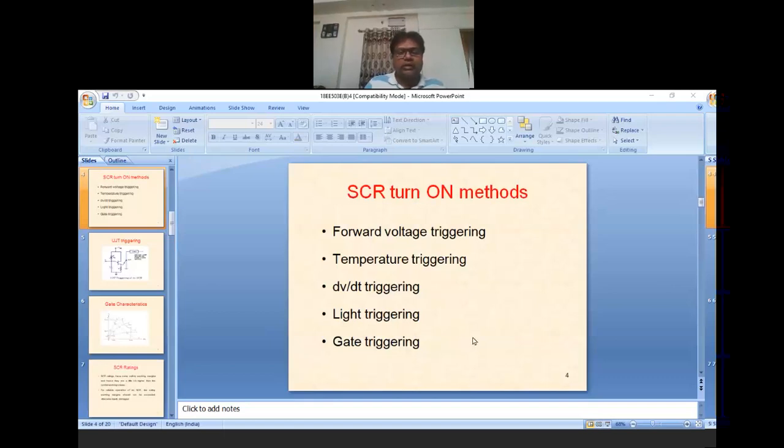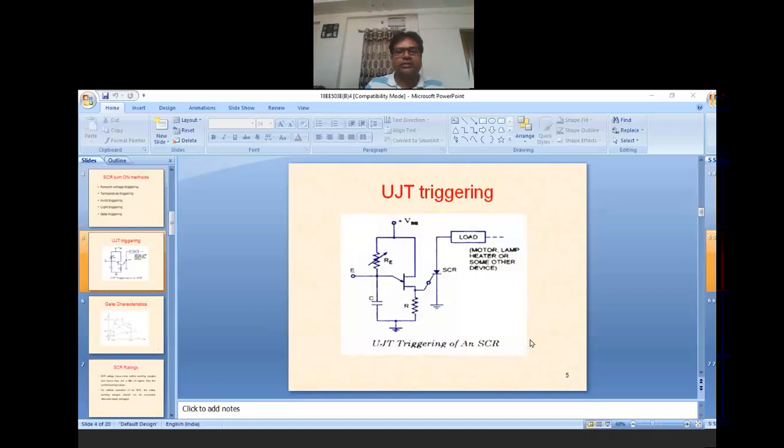So to avoid that, when we use SCR as a high frequency switch, in most of the cases, the SCR will be maintained in forward blocking mode all the time, and when required, it is triggered by a gate pulse to enter into the conduction mode, thus decreasing the turn-on times. That is why gate triggering is preferred in almost all the cases.